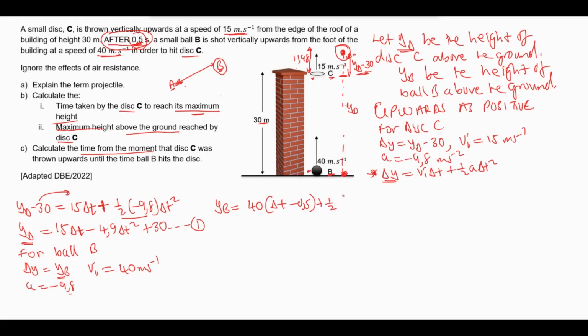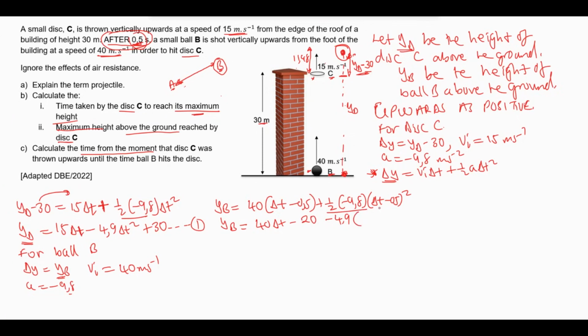Plus half, then negative 9,8, then our t is delta t minus 0,5 seconds squared like that. Then we can distribute: 40 is equal to 40 delta t, then 40 times 0,5, that's 20. Then this is like negative 4,9, these two.